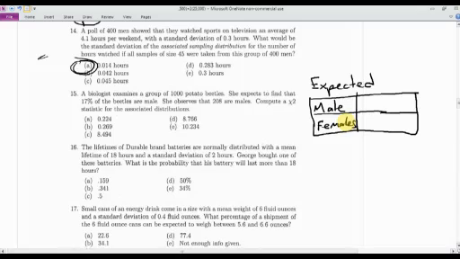Now, she expected 17% of the 1,000 to be male. Now, 17% of 1,000 is 170, which means how many of them should have been female? There we go, 830. So that's what we expected.